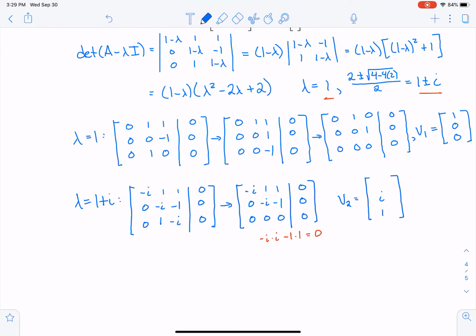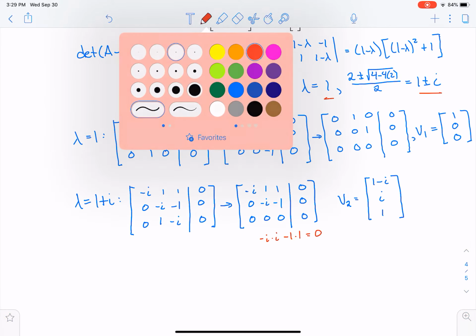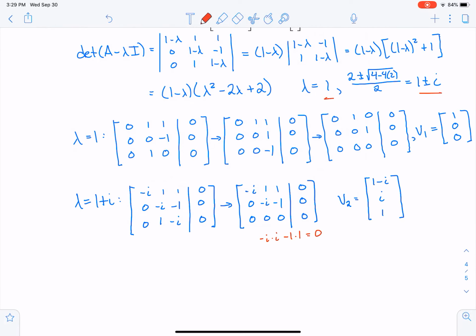And then for the top equation, I'm going to put a 1 minus i on top. And that is simply because, again, if I'm looking at the top one, I'm going to have 1 minus i times negative i, and then I'm going to have plus i plus 1, and that will give me, yes, 0.